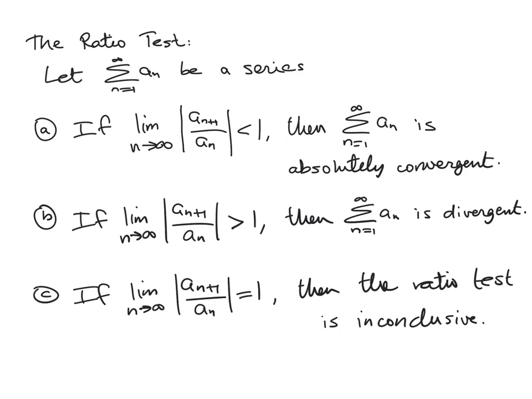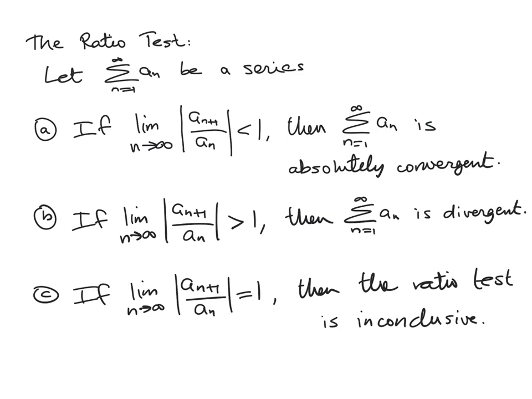So what we do is we take the limit as n goes to infinity, and we just take two terms from that series, the a_(n+1) term and the a_n term, and we do a_(n+1) over a_n, and we do the absolute value of that. And if that limit is less than 1, then the series that we started with is going to be absolutely convergent. This absolute value is the key there, so it becomes absolutely convergent.